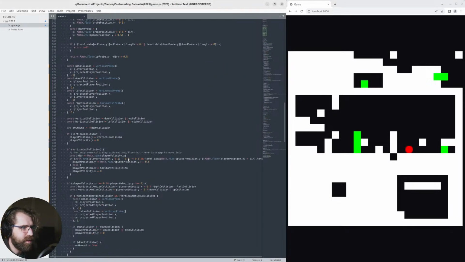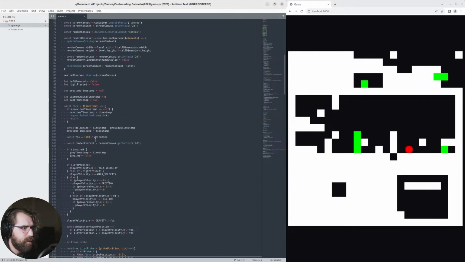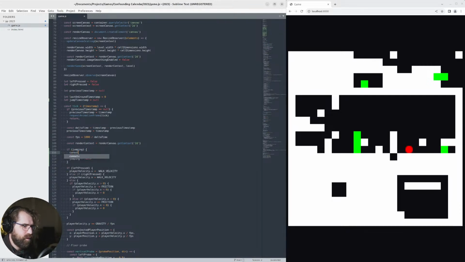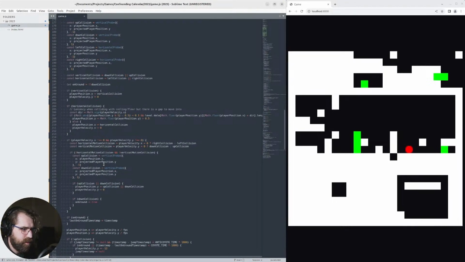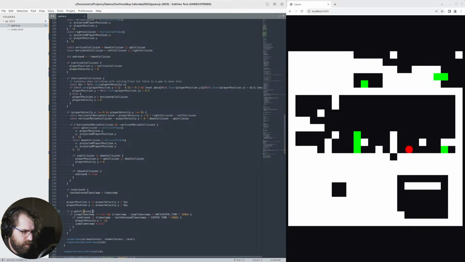Okay, so what's my issue? Let's do some logging. So, jump timestamp set. If there is an up collision, we do nothing. We allow the jump to keep happening.